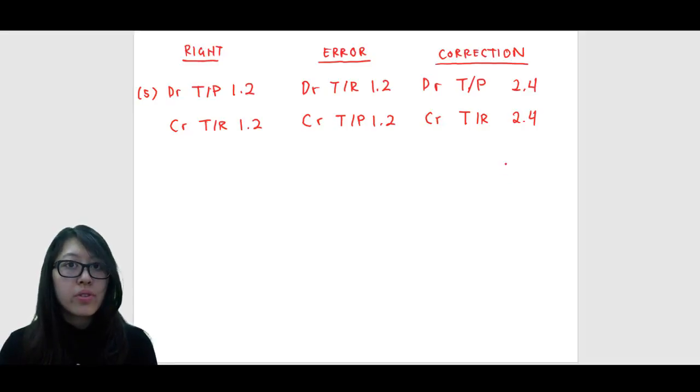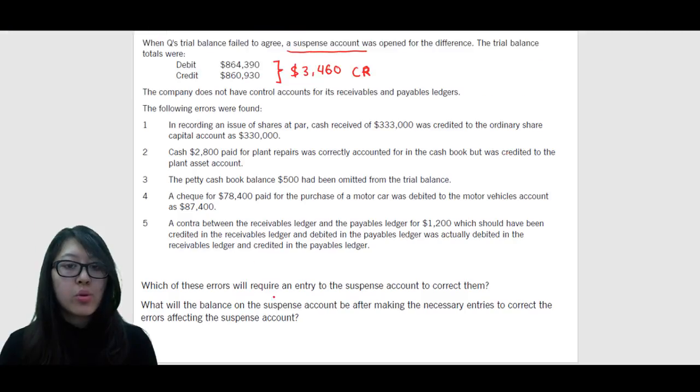So if we go back to the first question, which of these errors will require an entry to the suspense account? We figured out it was numbers 1 until 4. Now the next question is, what will the balance on the suspense account be after correcting these errors? Okay, so we know that the suspense account has an opening balance of 3,460.